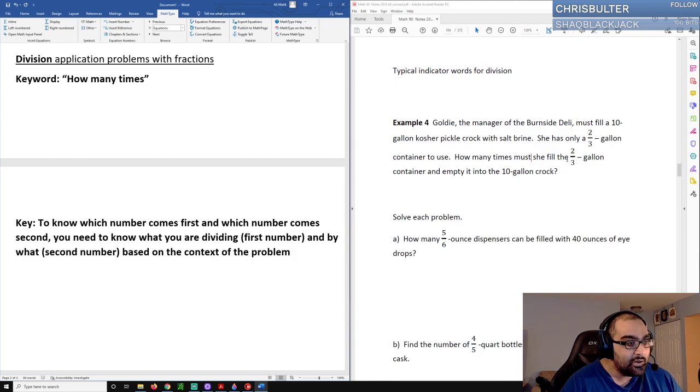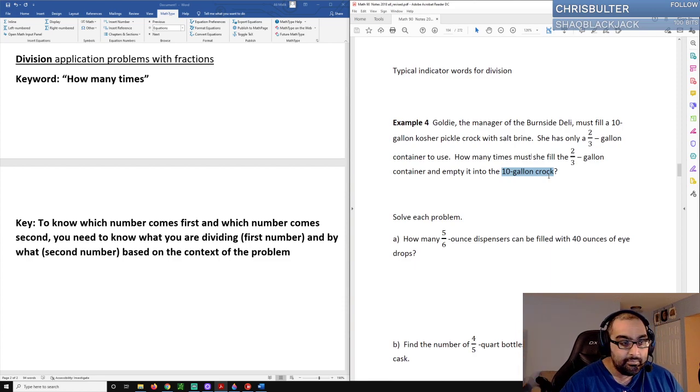How many times must she fill the 2/3 gallon container and empty it into the 10-gallon crock? The thing that we're dividing here is the 10-gallon crock, because we want to fill up that entire 10-gallon crock full of this salt brine.